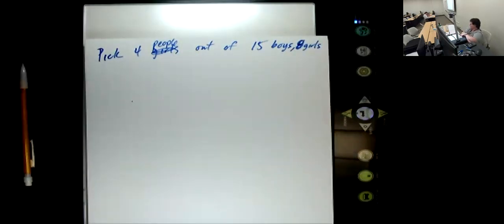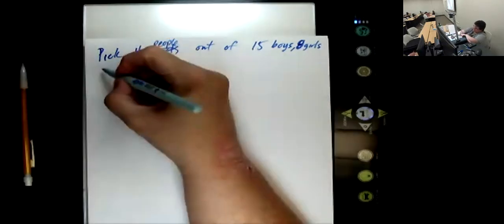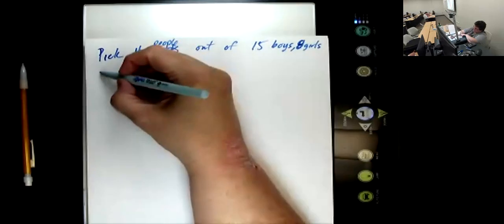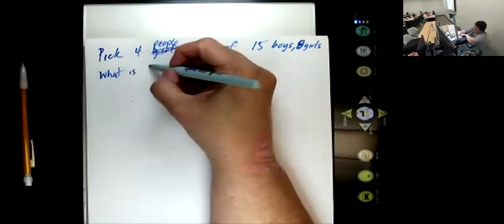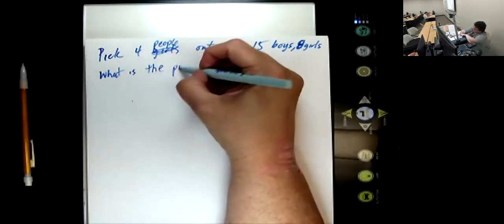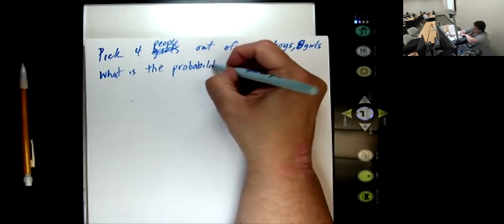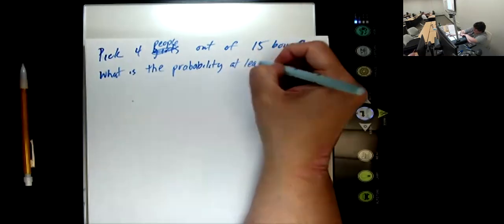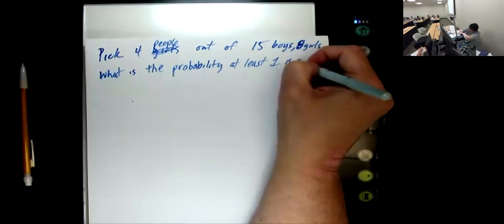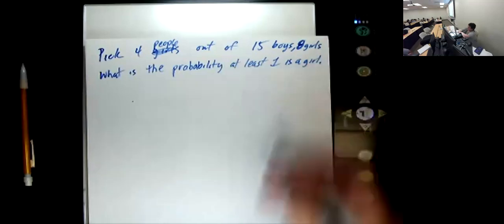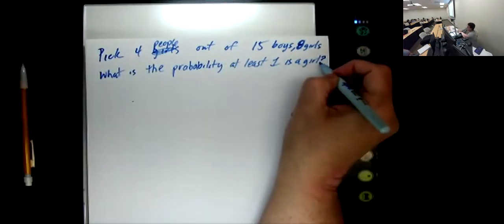We're going to use 15 boys, 8 girls, but I don't know what I said last time. The question was, what is the probability that at least one is a girl? And I said we would solve it later. This was under the complement section.